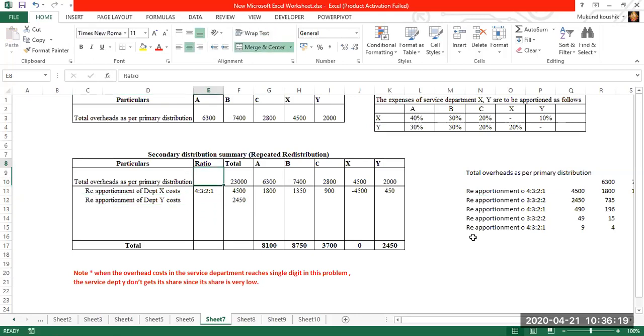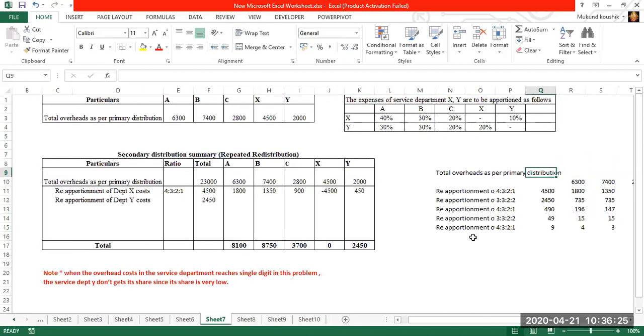Now it has to be done in the ratio of 3:3:2:2. Now this entire 2450 will be allocated to other departments. So for department A it will be 2450 into 3/10.